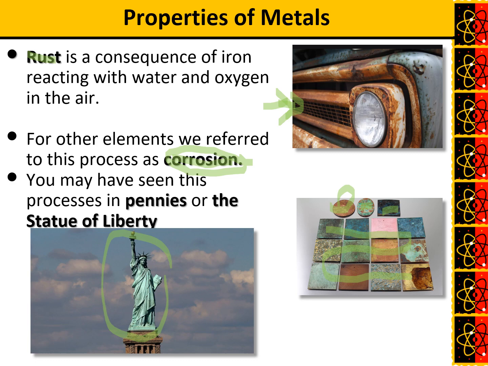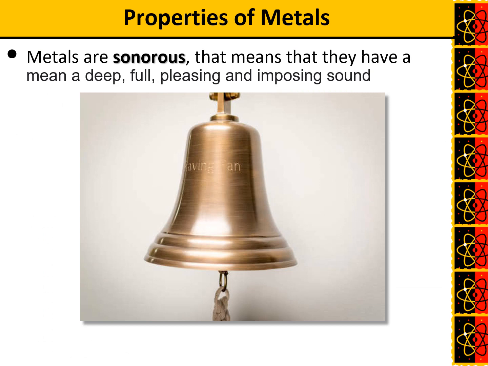In the case of the Statue of Liberty, the copper carbonate, which is the substance that covers the statue, does not dissolve in water, and that means it's going to stick to the surface, protecting the inner layers of copper. The metals are also sonorous, and that's why we use them in bells or things like that. And that is the ringing that stays after you hit it with some surface.